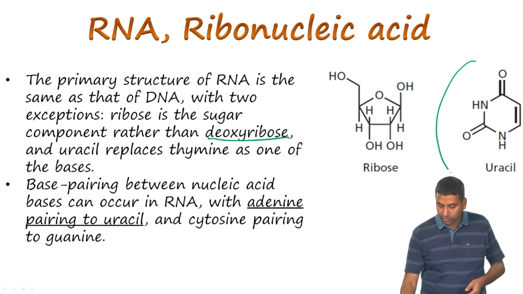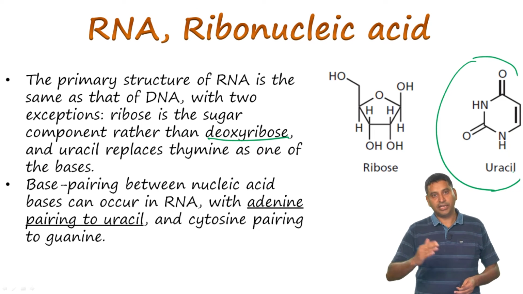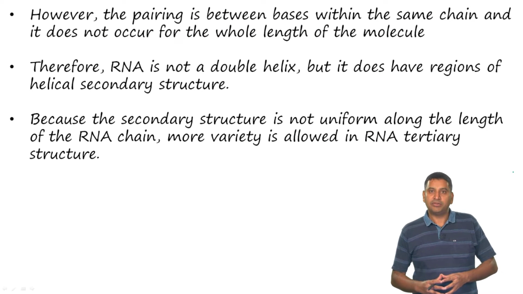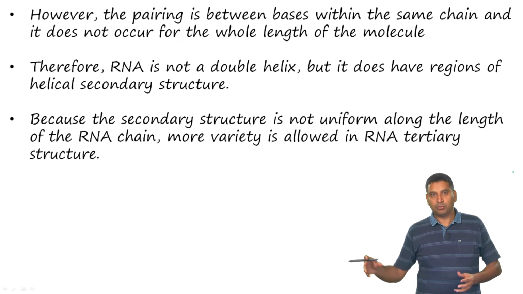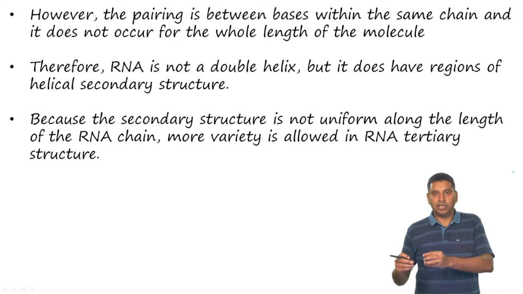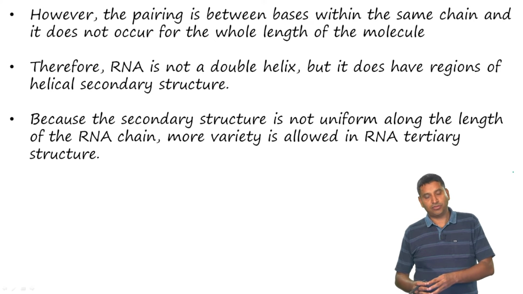That is another difference as far as RNA is concerned. And as with DNA, cytosine pairs to guanine. However, the pairing is between bases within the same chain, and it does not occur for the whole length of the molecule. Therefore, RNA is not always a double helix, but it can have regions of helical secondary structure.